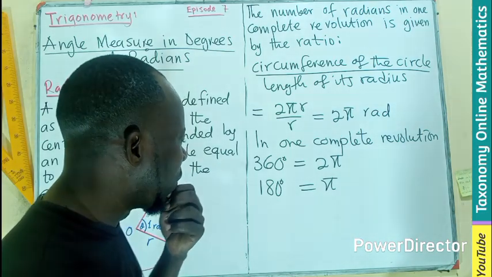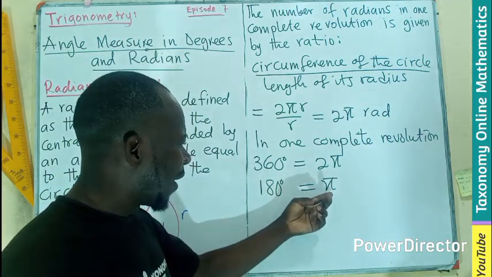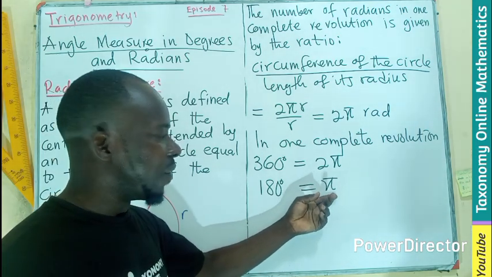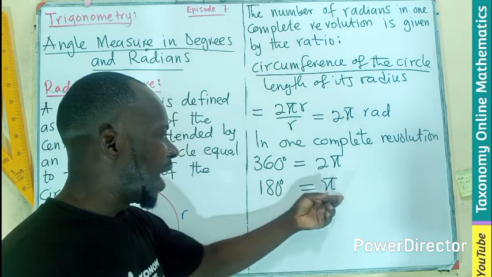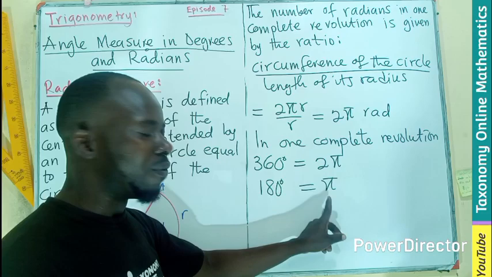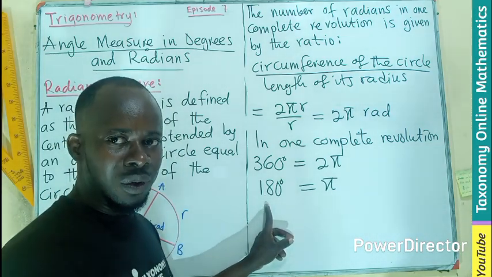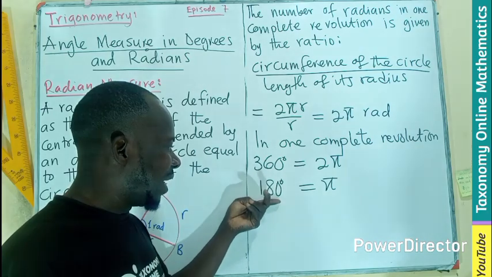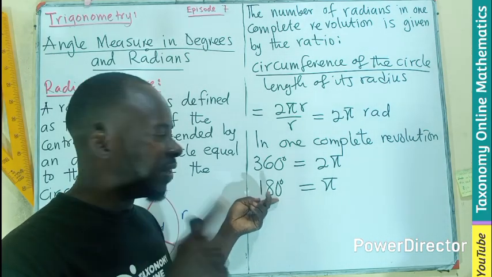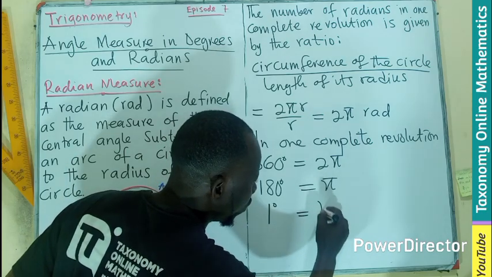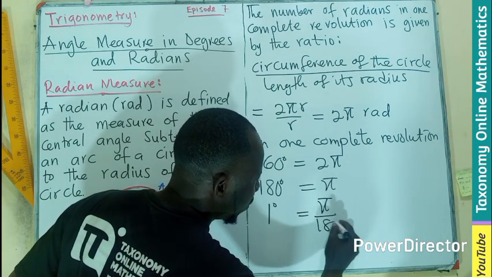If I am looking for the value of radian, let's say I want the radian. If I divide both sides by pi, I should be left with 1 here, meaning 1 radian will be equal to this. Or if I divide this side by 180, I should be left with 1 degree equals pi over 180.